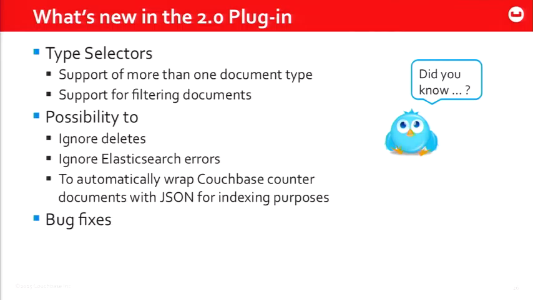We can ignore Elasticsearch errors. Sometimes you would like to ignore that a specific data type could not be indexed, so basically skip this document. In this case, we built something into the Elasticsearch plugin to ignore Elasticsearch errors. Then there's counter wrapping and bug fixes, basically.